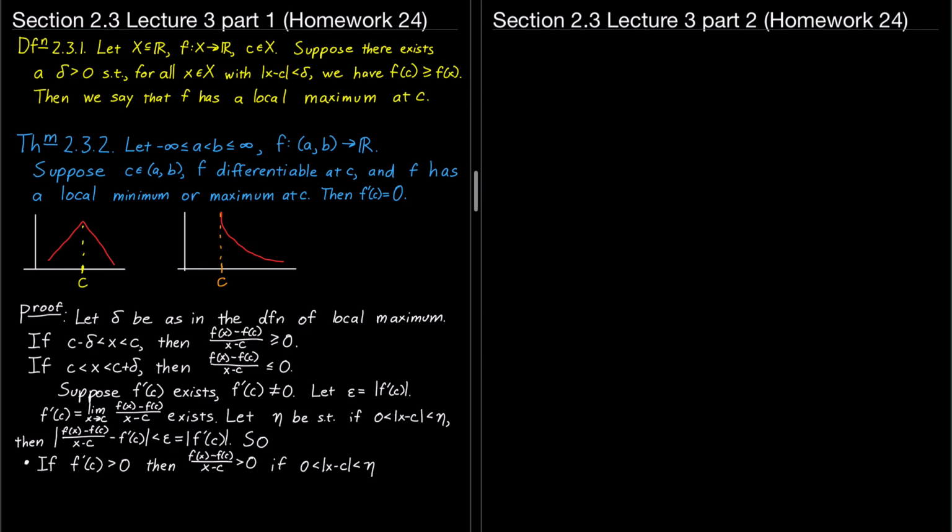But there is at least one x that's in our interval with, let's see, we want c to be less than x to be less than c plus whichever is smaller, delta or eta.